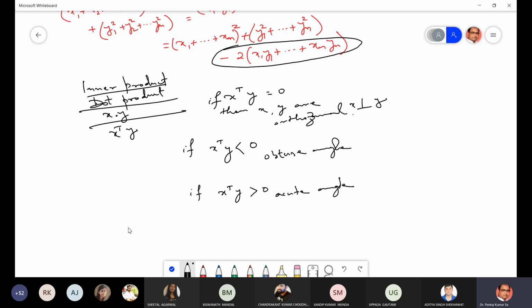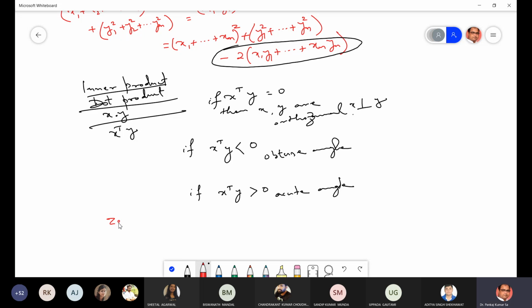Can you tell me one vector which is always perpendicular to all the vectors? Tell me one vector which is perpendicular to itself, which is perpendicular to every vector that is possible in Rn.